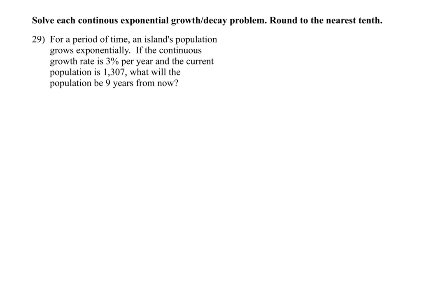You're really going to be using your formula, that your final total is going to be your initial amount times e to some rate times time. Okay? That's what all of these are going to be doing. For a period of time an island's population grows exponentially.